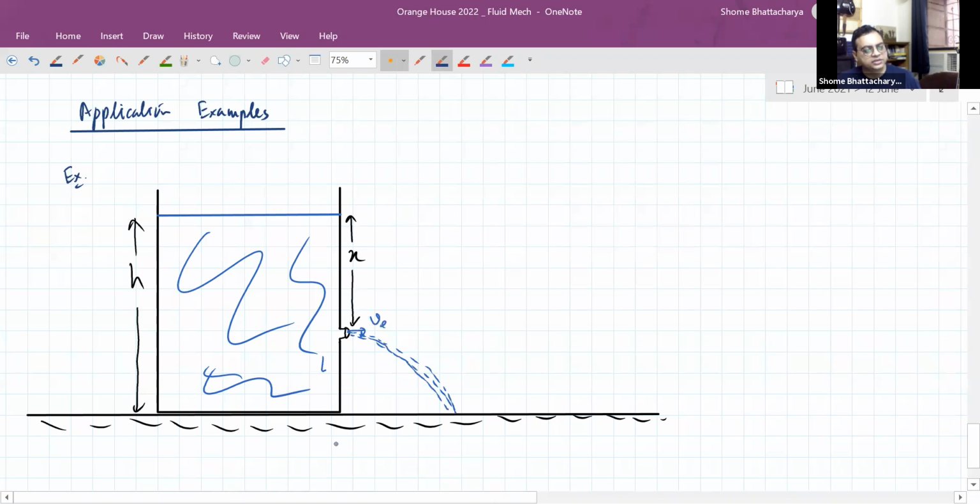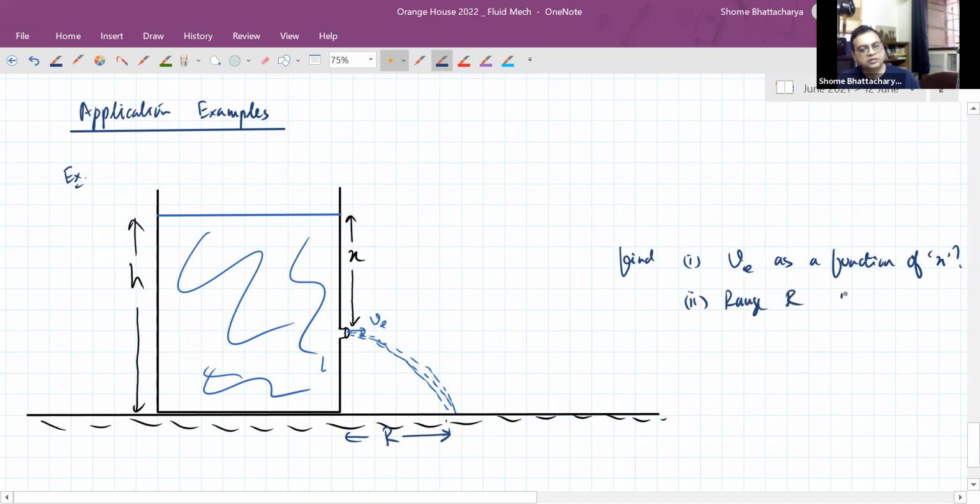So if the range that it achieves is r, we have to find the efflux speed as a function of x, then the range r as a function of x, and we have to find the maximum possible range.